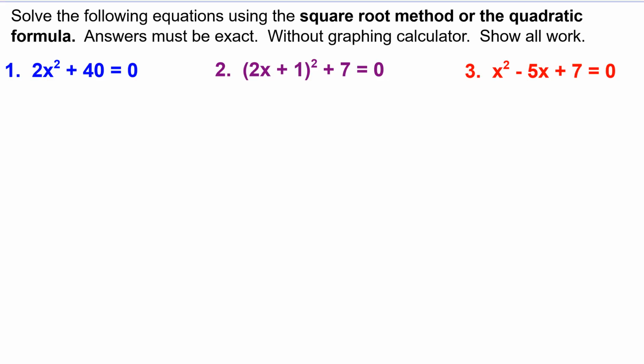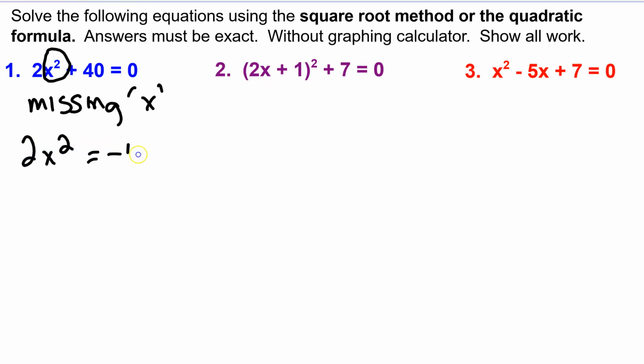Here's 3 other solving using the square root method or quadratic formula. And this first one here I would use, being that you're missing the x term and you only have an x squared term, you could use the square root method, which is the fastest. So you'd have 2x squared equals negative 40. You'd have x squared equals negative 20.